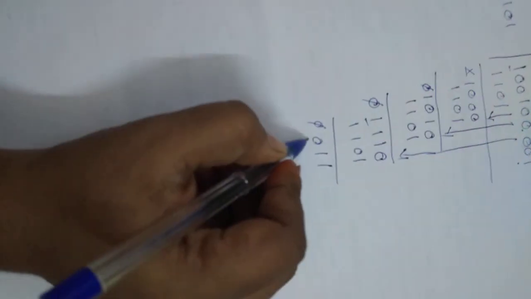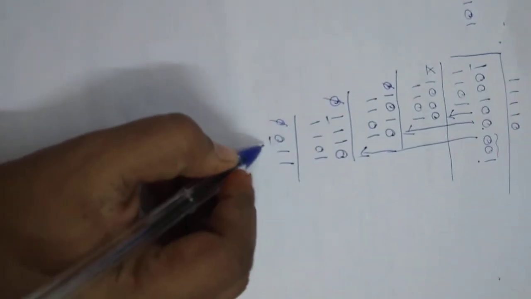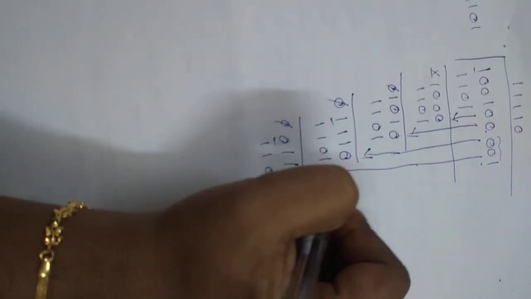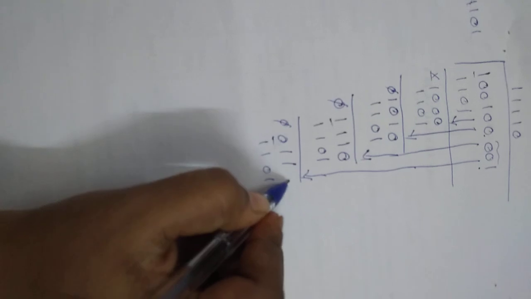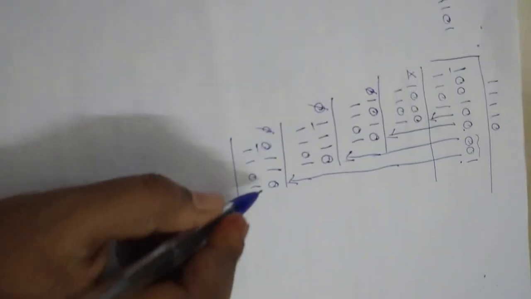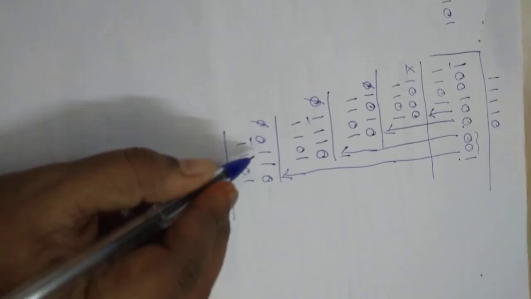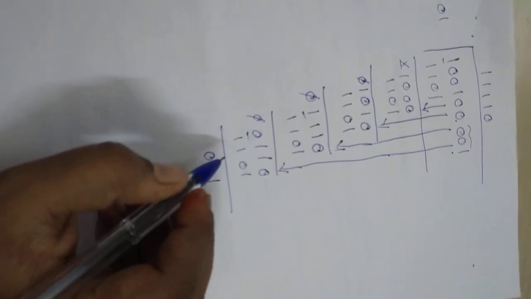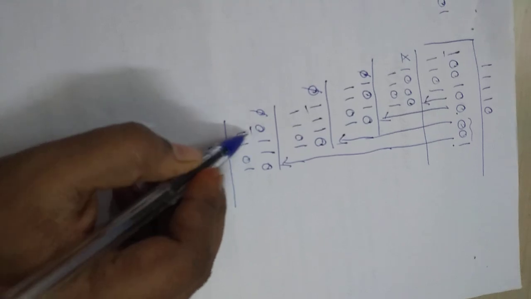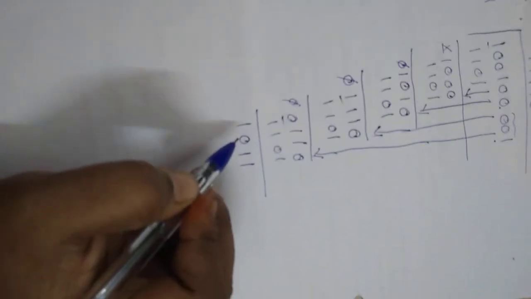So we have a 0 in the first place. So we put 0 on the quotient side. So 1 1 0 1. So we perform the XOR operation.